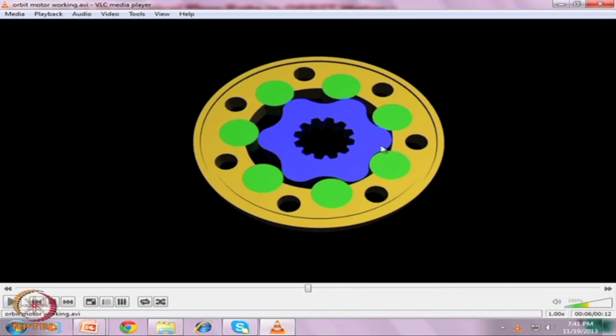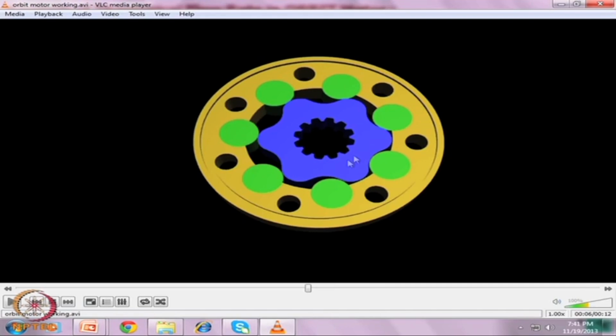This chamber was at its top dead center when the shaft rotational angle was 0, whereas this one will be at its bottom dead center. Then the shaft rotation can be calculated as pi divided by the number of lobes on the envelope times the number of lobes on the epitrochoid, that is the star and the ring number.